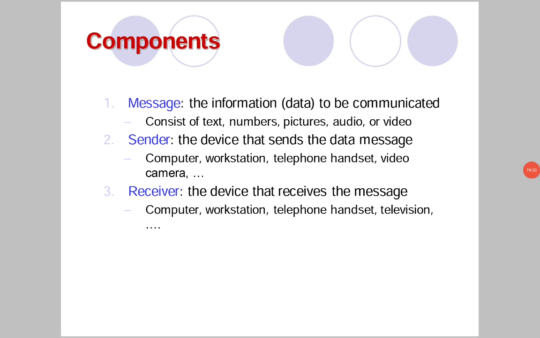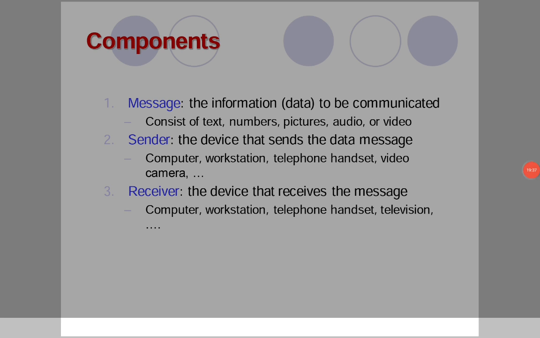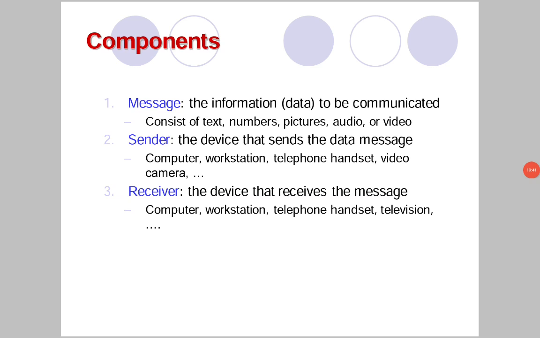What are the components? First one is message. Message is nothing but some data or information. Messages are also called data or information to be transmitted, or packets, between sender and receiving stations, or among two users, or two PCs, or two computers.